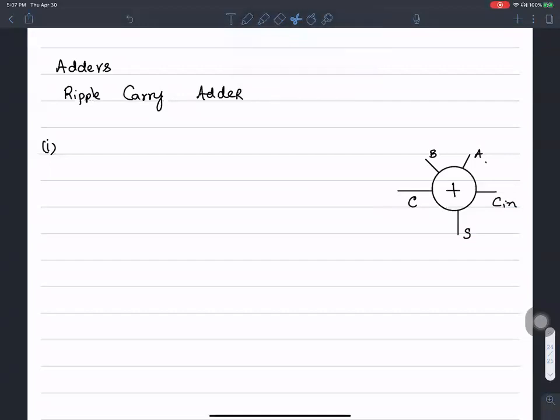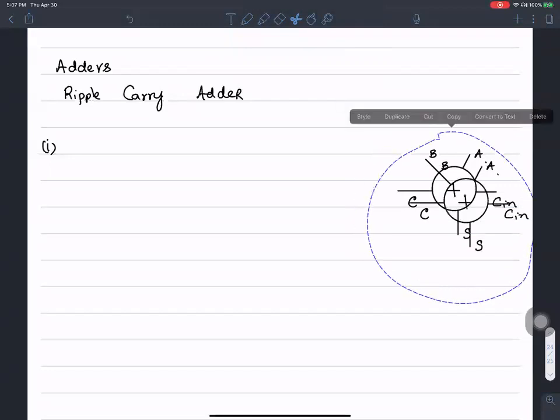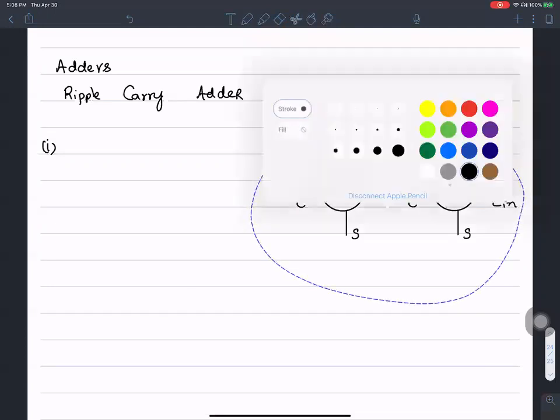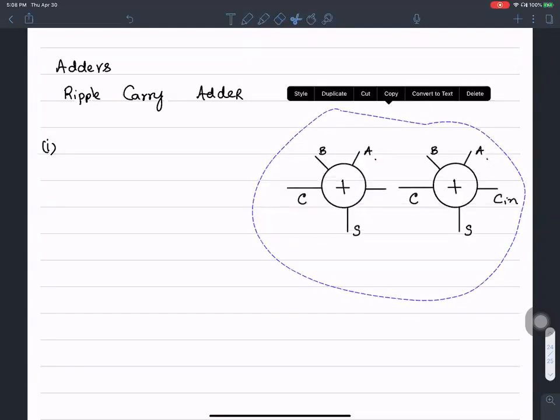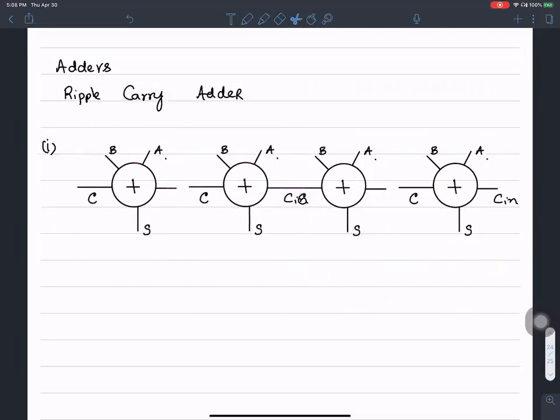If I want to implement a 4-bit full adder, all I have to do is cascade 4 of them. Now, when I make these connections like so, I have my 4-bit adder.